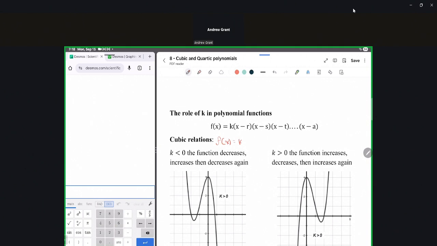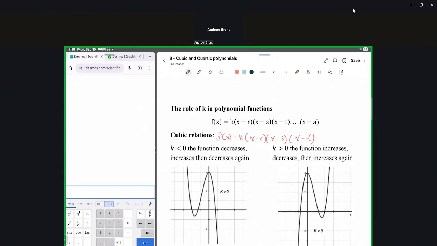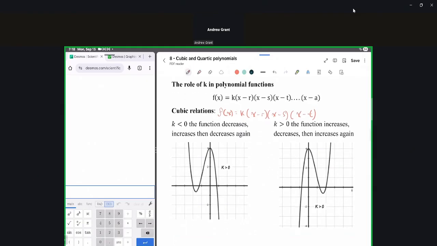Okay, I saw a minor typo here, so let me fix this up. There should be k is less than 0. So if k is less than 0, the function decreases, increases, and then decreases again.